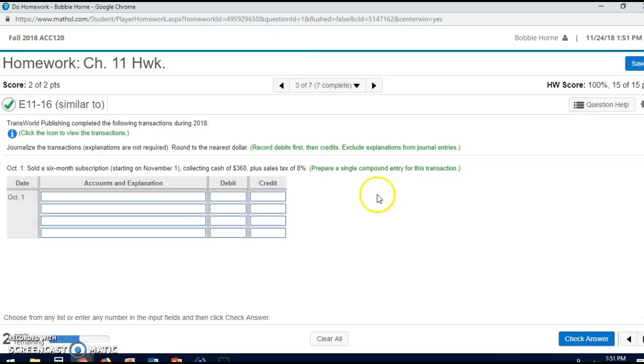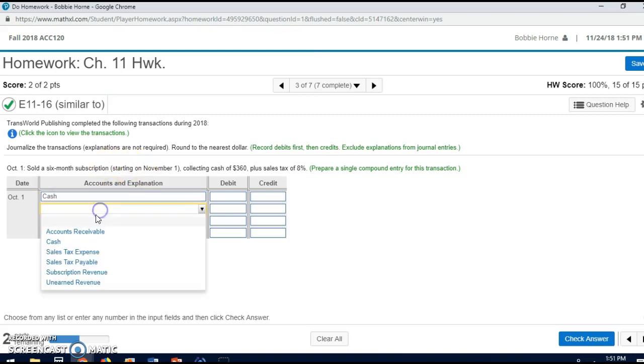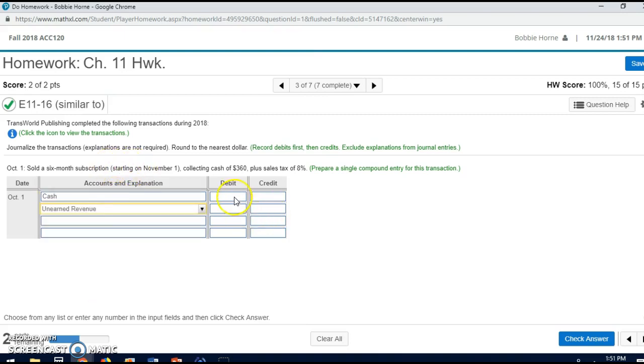And then for this next one, we sold a 6-month subscription. So we got cash, and the subscription doesn't start until November. So this is going to be unearned revenue for the $360. Oh, I forgot the sales tax. So $360 times 0.08 would be $28.80, and we're going to round to the nearest dollar.